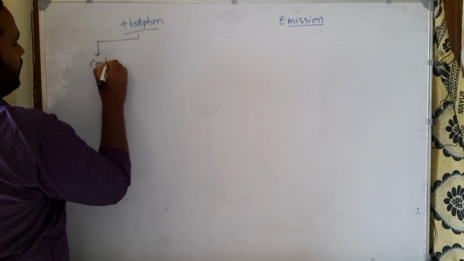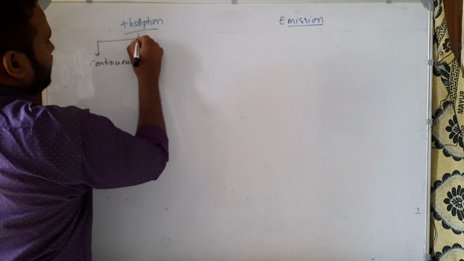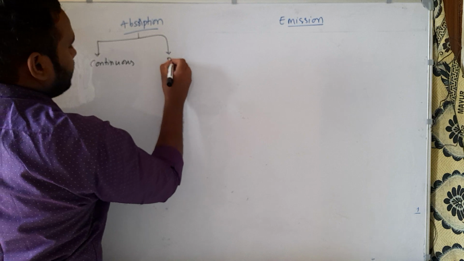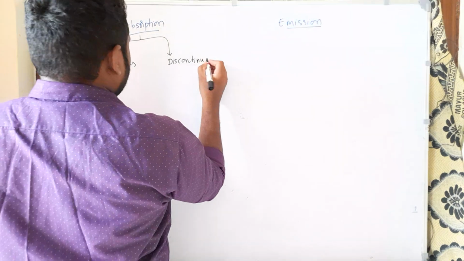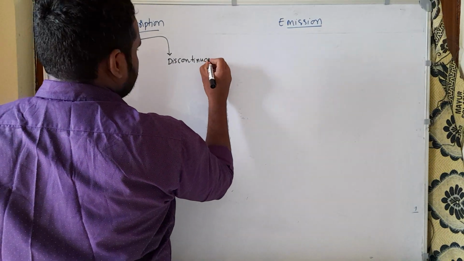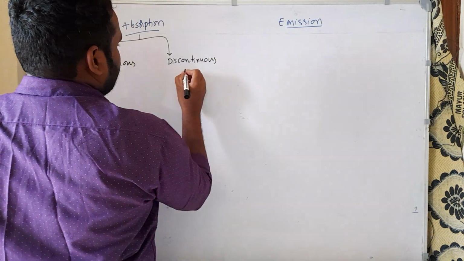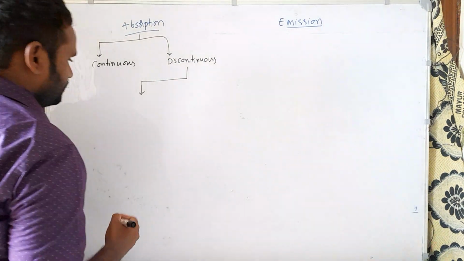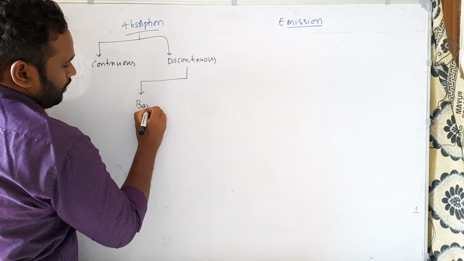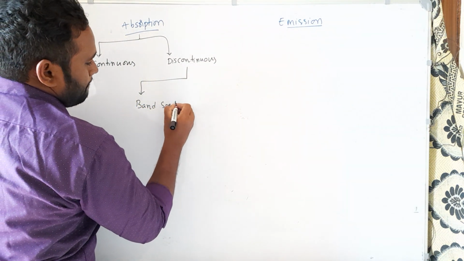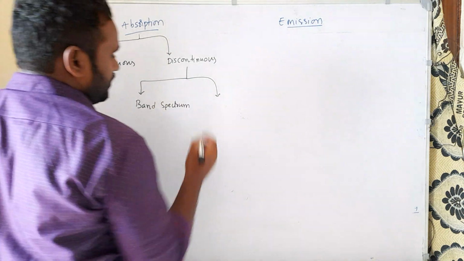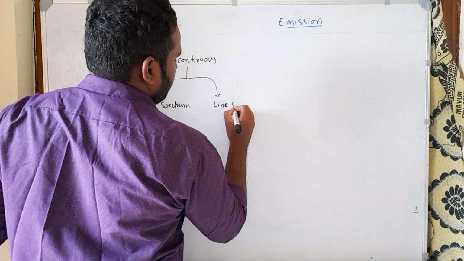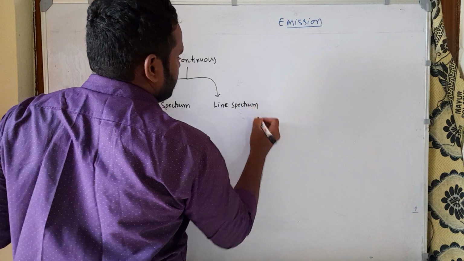They are absorption continuous and absorption discontinuous. And again the discontinuous spectrum is classified into band spectrum and line spectrum.